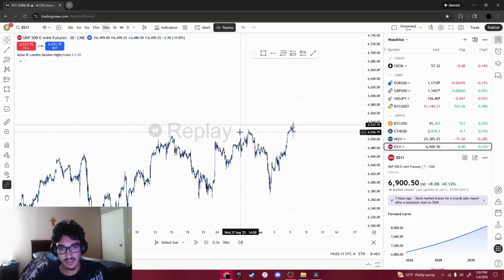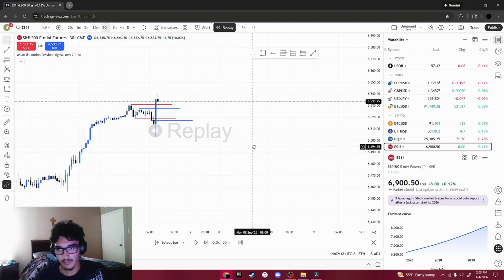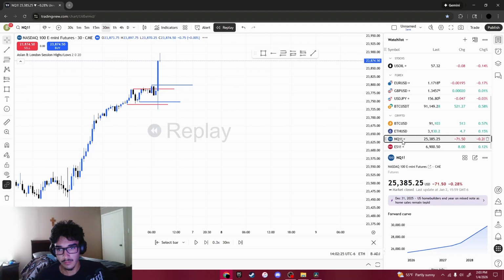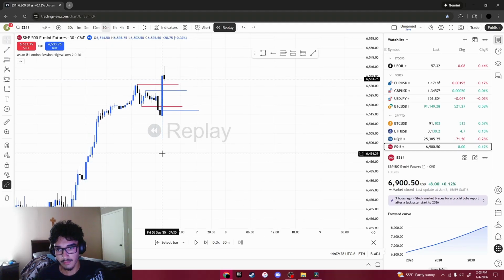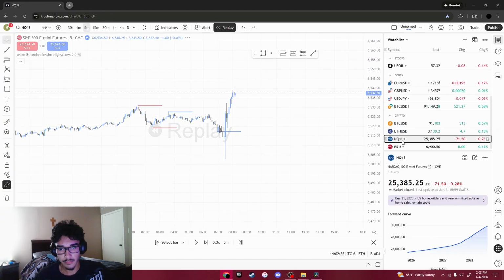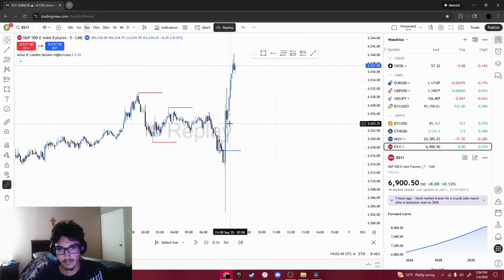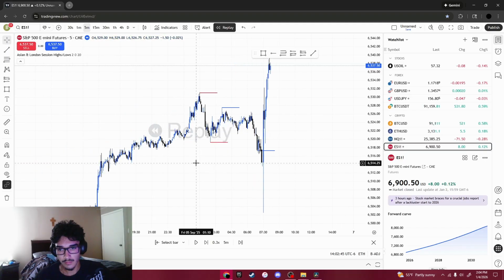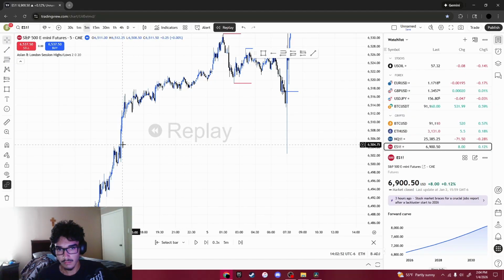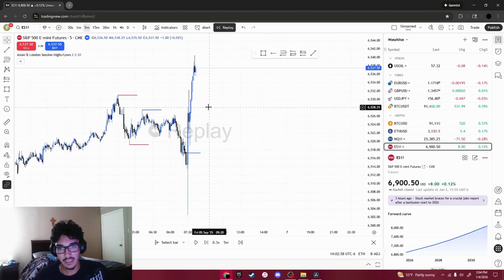From what I see, there's no draws on liquidity to the upside, but there's very little draws on liquidity to the downside too. My bias here is bearish, quite frankly.